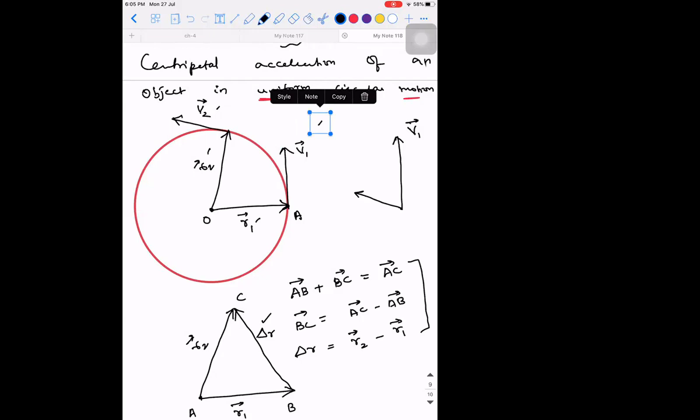Did you see what I did? I took V1 separately and V2 separately. I have joined them together. So what vector will this be? This will be V2 vector. Am I clear with this thing?